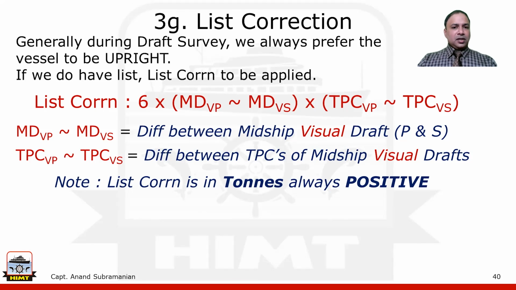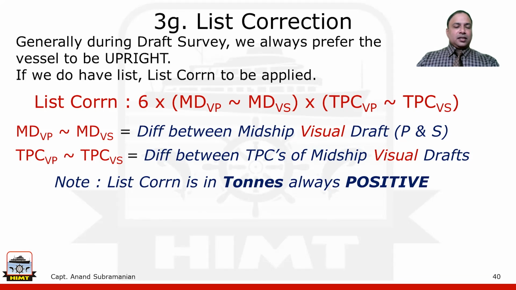Please remember, list correction is one exception where we again use the midship draft, and that too the visual draft. All the corrections we applied earlier were for drafts at the perpendiculars, whereas here for the list correction we have to use the visual drafts at midships.